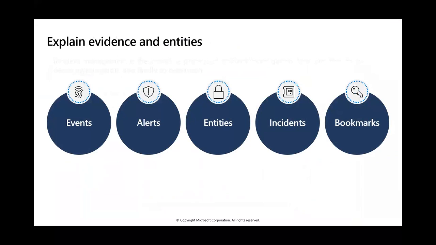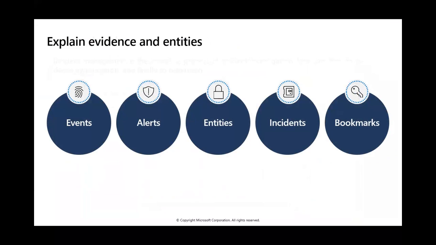Evidence will display how a threat has been identified in Sentinel. So it links us back to the specific resources that we can use to increase our awareness of incident details.